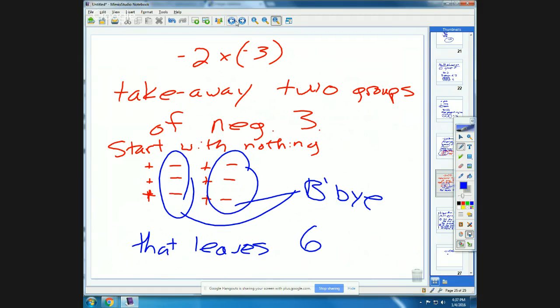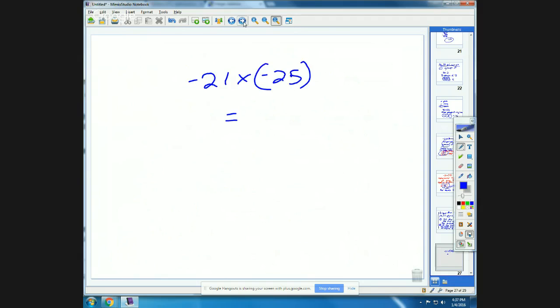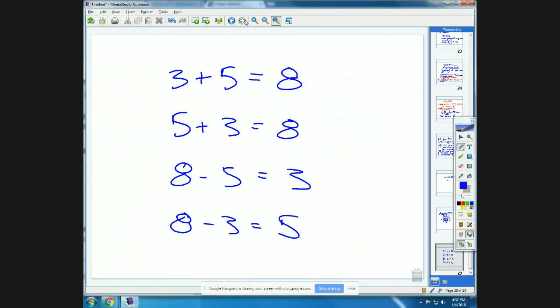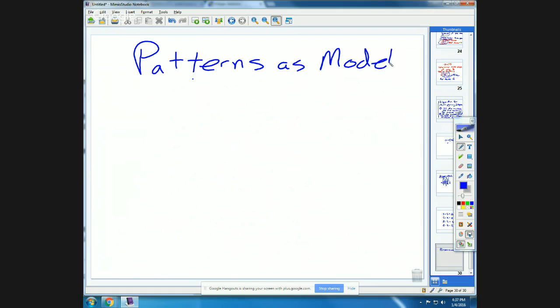So here's some other models that we can use to talk about this. We can use patterns to model this. So patterns as numbers. And then I'm going to shut up after this example because we're out of time. Let's see. 3 times 3.